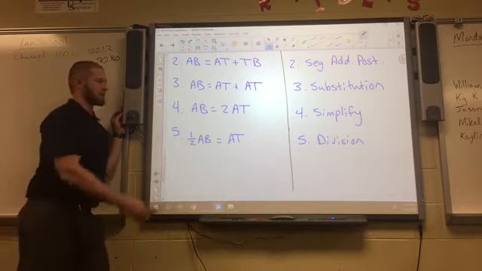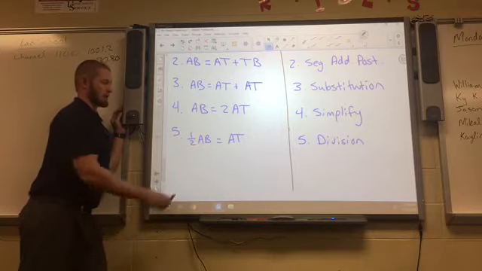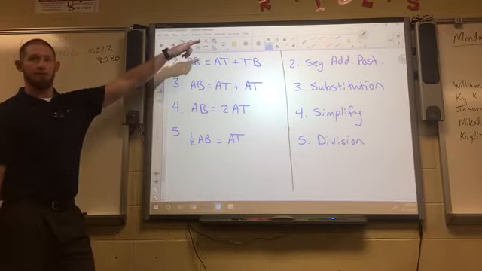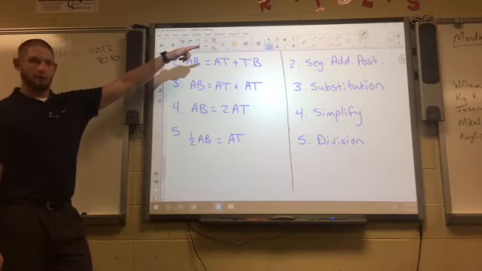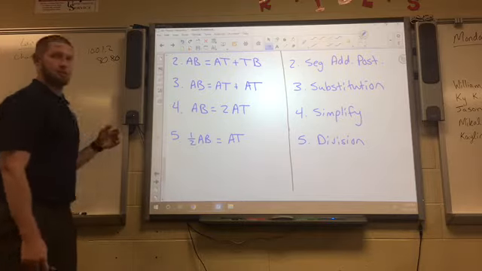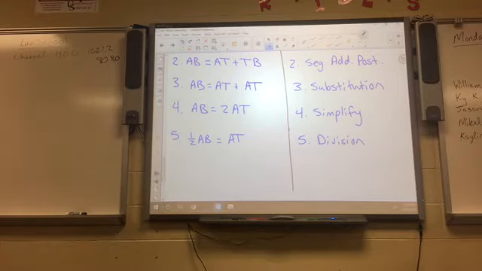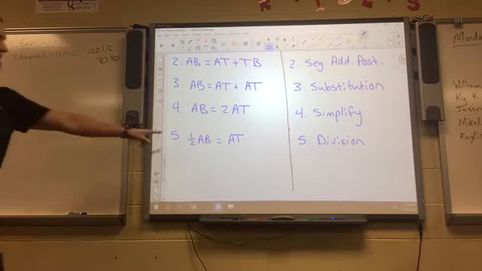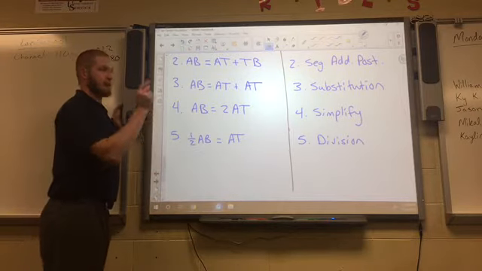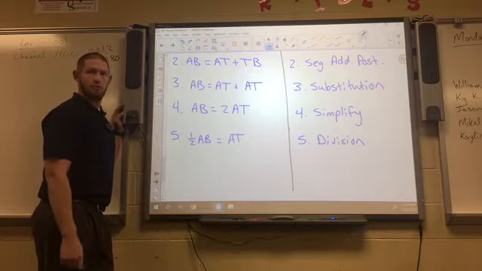So instead of writing AB over 2, I could write this as 1/2 AB because I know that's how they have it in my proof. So that would still be your same division step. Just understand that it means the exact same thing. Dividing by 2 and multiplying by a half is the same thing. Do I have exactly what they have for proof?